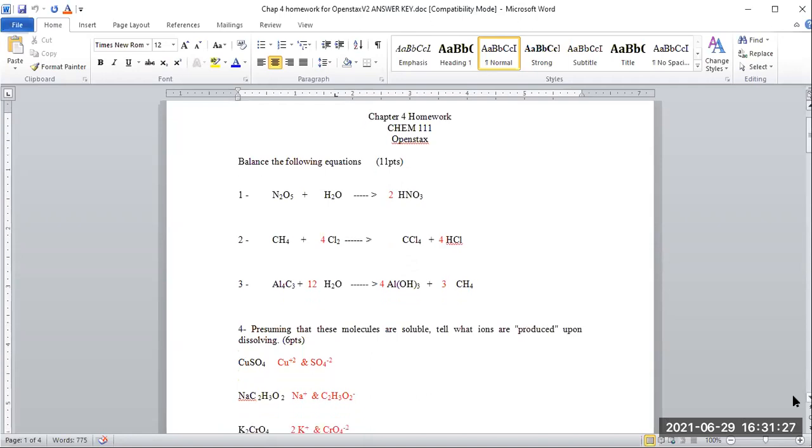All right, and then the last one is probably the messiest of the 3. Pay attention to the fact that your aluminum carbide molecule has 4 atoms of aluminum in it. So you can't have less than 4 on the right-hand side there. I started out by putting a 4 out in front of my aluminum hydroxide.